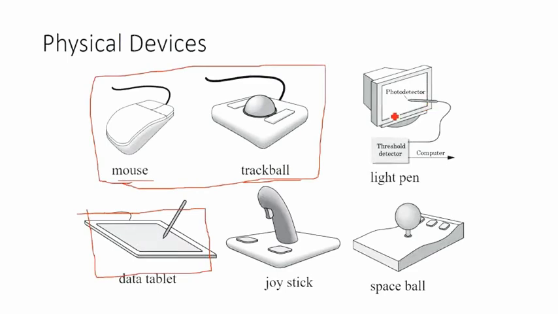When you point a light pen on the screen, if the intensity of the light that comes here is above some threshold, then that position will be captured because the sensor at the tip of the light pen gets activated because of that intensity threshold, right? If the intensity is below that threshold, then we cannot capture the position on the screen. That is one limitation of the light pen.